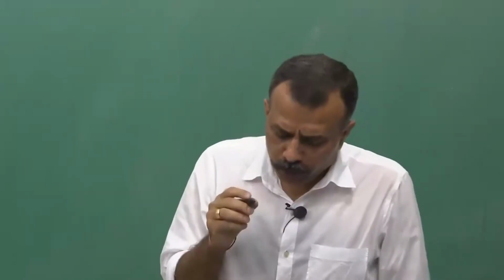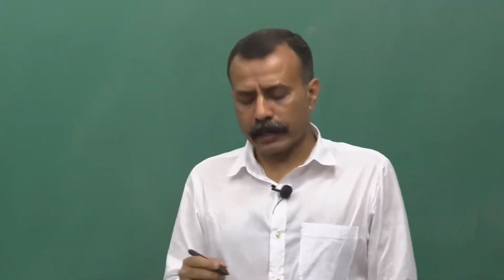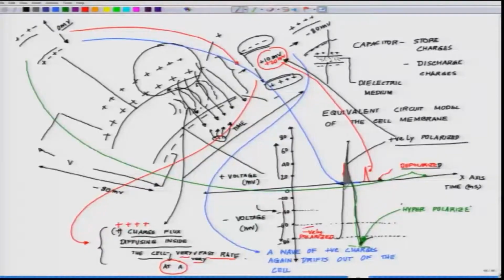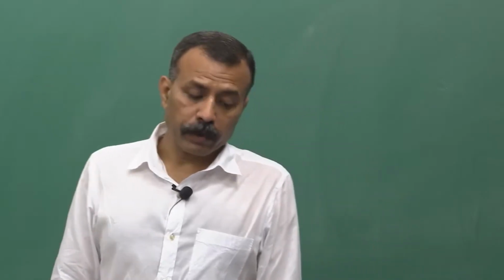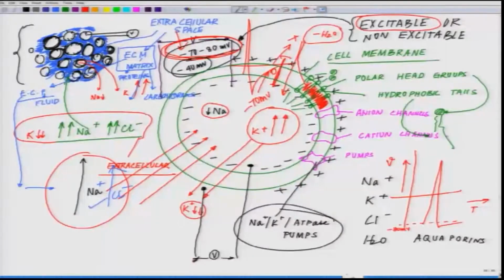For your understanding, you can visualize the membrane as being in a negatively polarized state most of the time. All our cells are at a negatively polarized state, but some cells, if you remember the previous slide, which are called excitable cells, behave differently compared to their counterparts, the non-excitable cells.